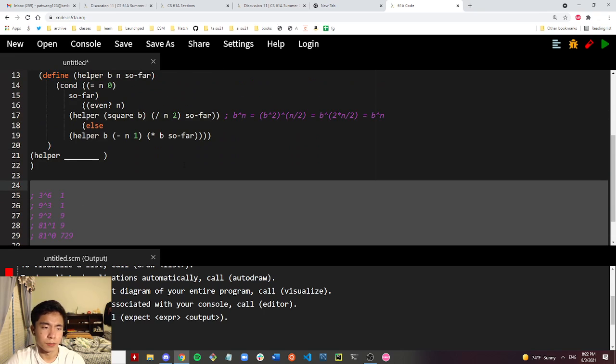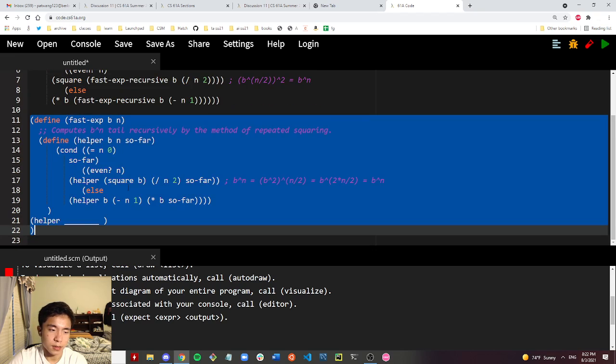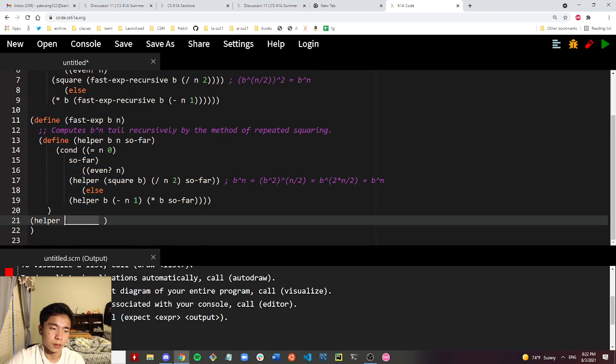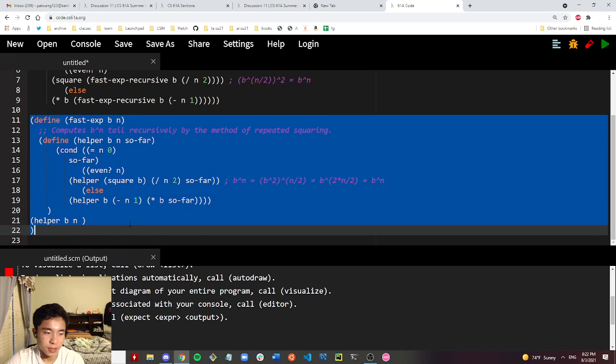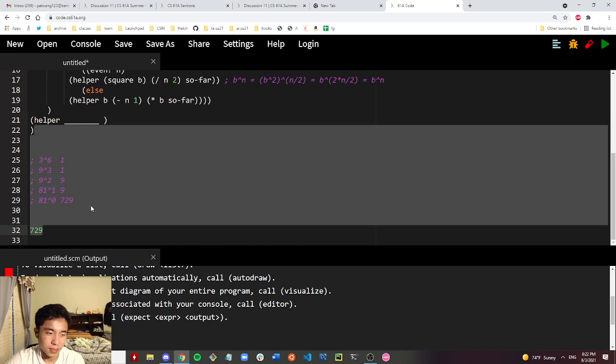And yeah, so we got that down, and now let's take a look at our helper call, our main call. We want to pass in b and n because we're taking b to the power of n. And what is so far? Well, because everything is going to be multiplied, I kind of gave it away right here.